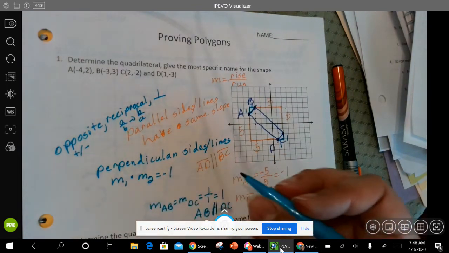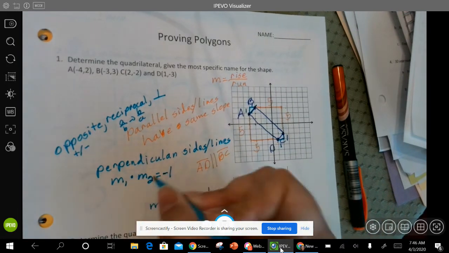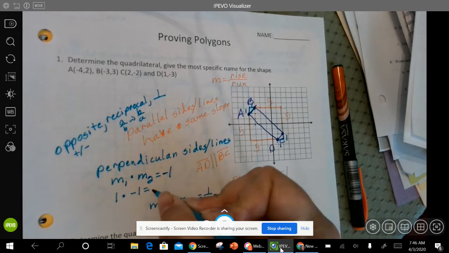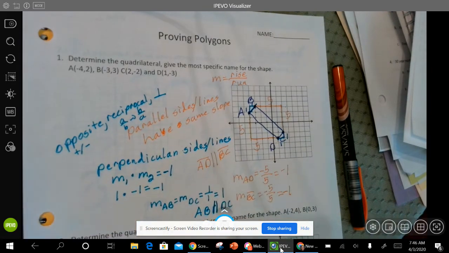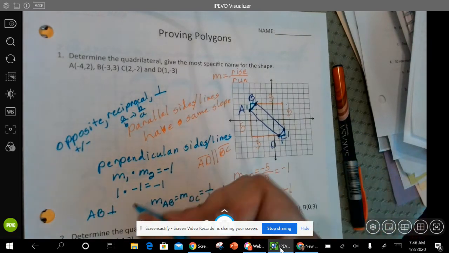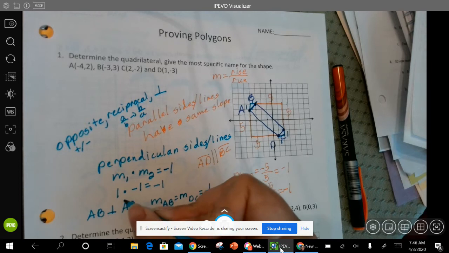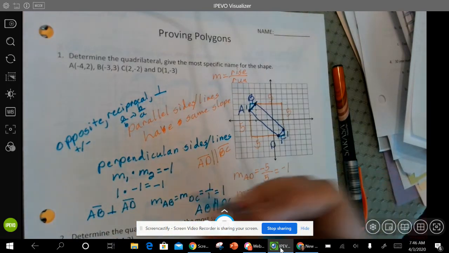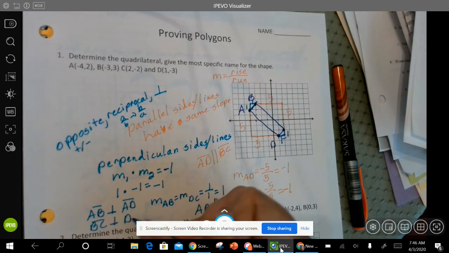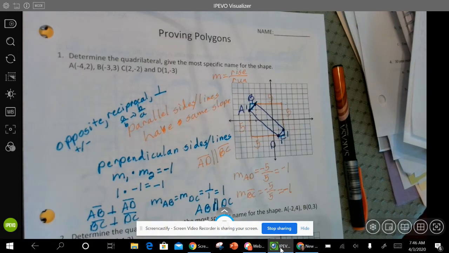Okay, so we can check with this. So if we do 1 times negative 1, it is negative 1. Okay, so that means that AB is perpendicular to DA. Okay, and that BC is perpendicular to DC.